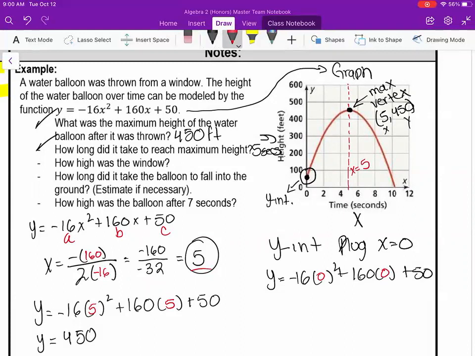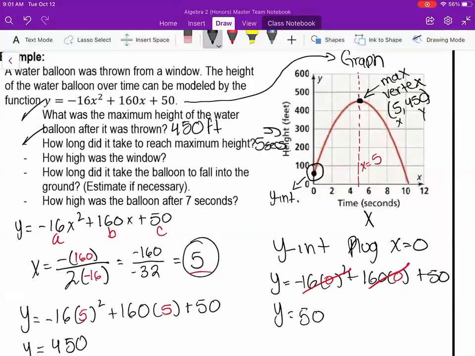Now, remember, the y-intercept is actually just the c value, because what's going to happen when we plug in 0? Negative 16 times 0 squared is just 0. 160 times 0 is also just 0. So I am left with y equals 50, which means that my y-intercept is (0, 50), which means that the height of the window is 50 feet.